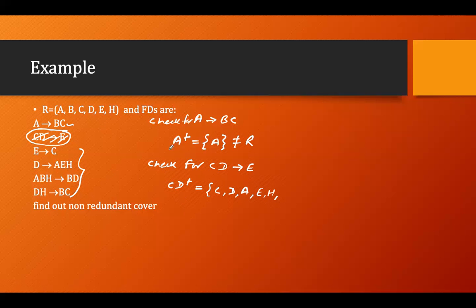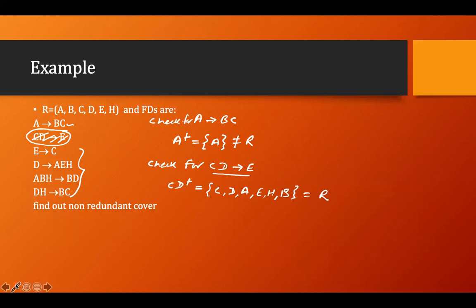Yes, A is determining B and C. C already exists. B will come. Now, if you see, it is A, B, C, D, E, and H. It is equal to R already. We don't have to go for other determinants to find out the different closures. It is equal to R. It means that this is redundant. It means that we have to remove it.